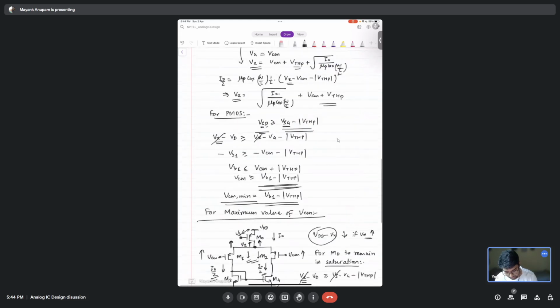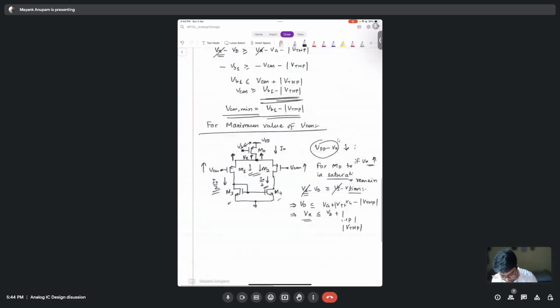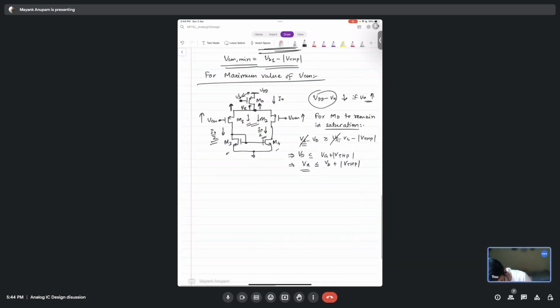Vx is root over I naught divided by μpCox W over L, plus VCM plus mod of VTHP, should be less than VB plus mod of VTHP, right?